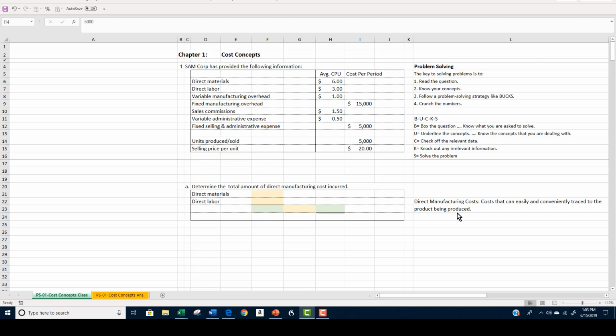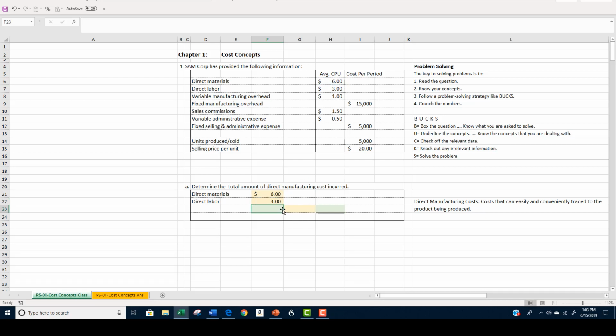The relevant data includes the 5,000 units produced, the direct materials cost at $6 per unit, and the direct labor cost at $3 per unit. The total average cost per unit will be $9, the $6 plus the $3.